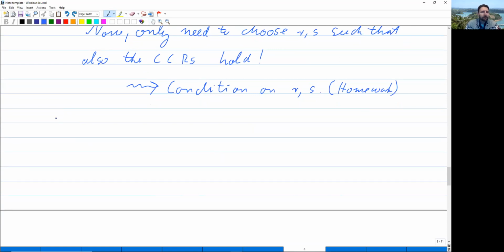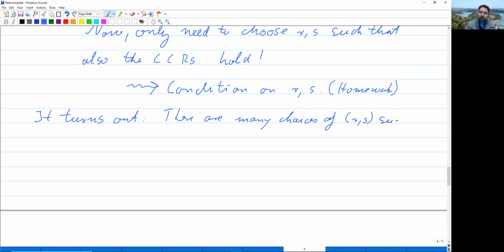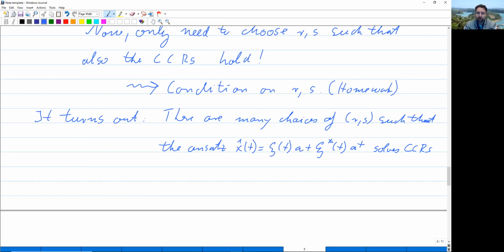Namely, another part of the homework will concern the question of the arbitrariness in R and S. It turns out there are many choices of pairs of numbers R and S such that the ansatz, x hat of t equal to psi of t times A plus psi star of t times A dagger, solves the canonical commutation relations, and therefore, because we have already taken care of the equations of motion and the hermiticity, solves the whole thing.